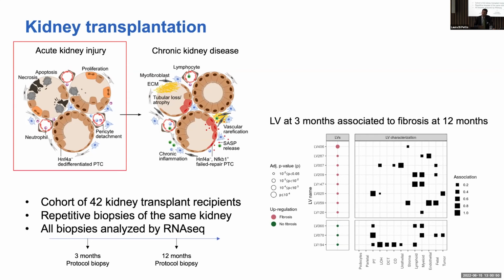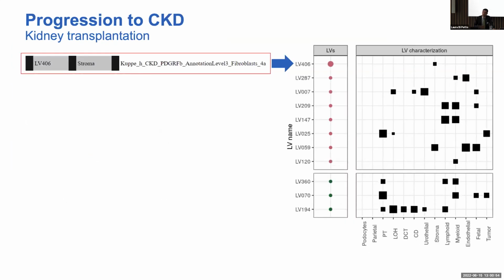We could analyze this in more detail, but I think we have to focus on some aspects. The strongest association with fibrosis was with this latent variable related to stroma cells, and particularly this fibroblast 4A identified by Kuppe. This is not surprising because if you have fibrosis at 3 months, this is an irreversible process. It's very likely that you will have it later on as well.